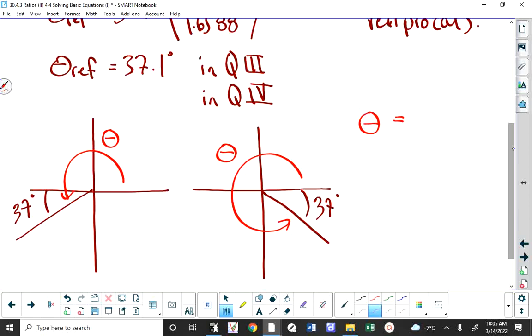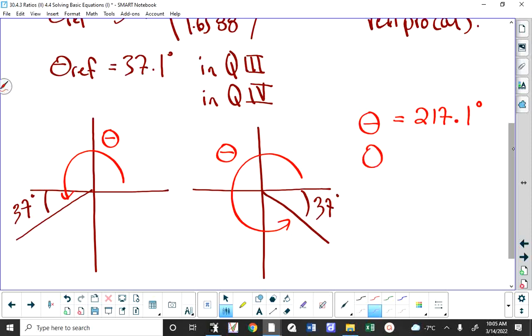In the case of quadrant 3, I'm going to have to take 180 degrees and add that 37, which gives me 217.1 degrees. Is my addition correct? Okay.